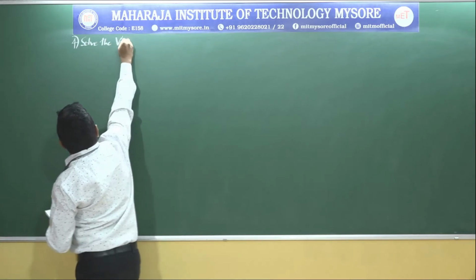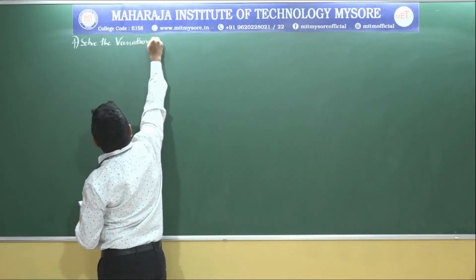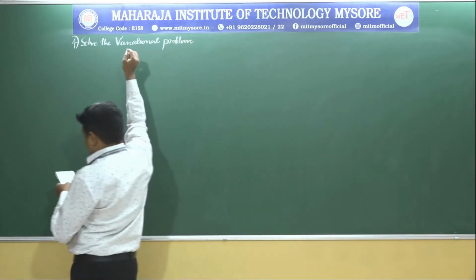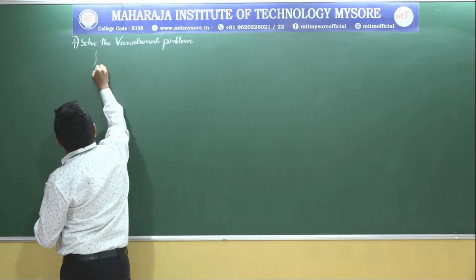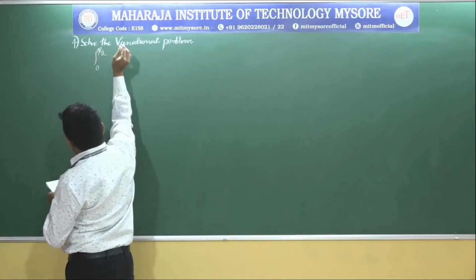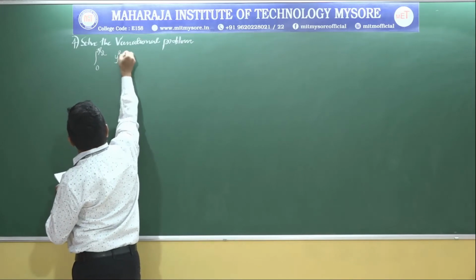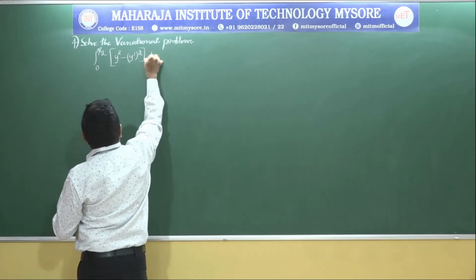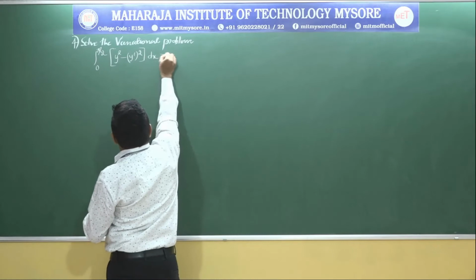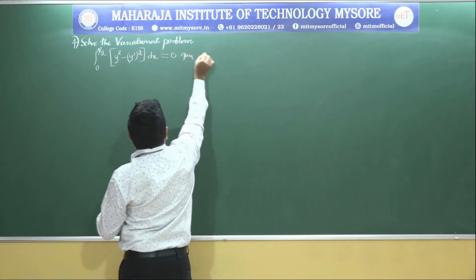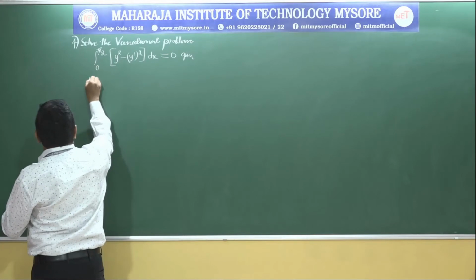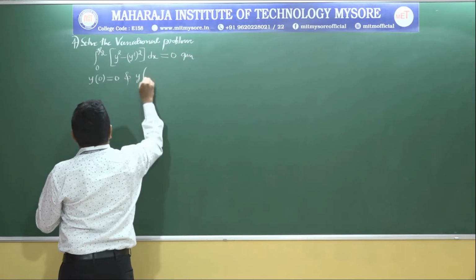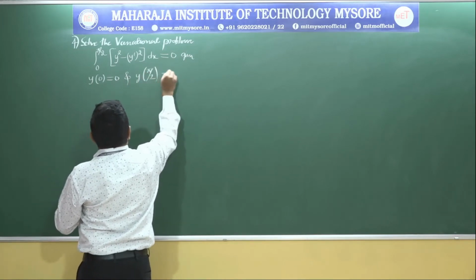Solve the variational problem: the integral of x running from 0 to pi by 2 of y square minus y dash whole square into dx equals 0, given the conditions y of 0 equals 0 and y of pi by 2 equals 2.